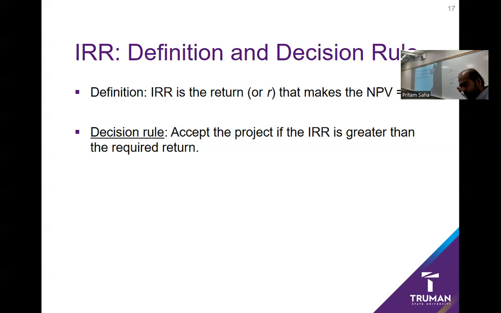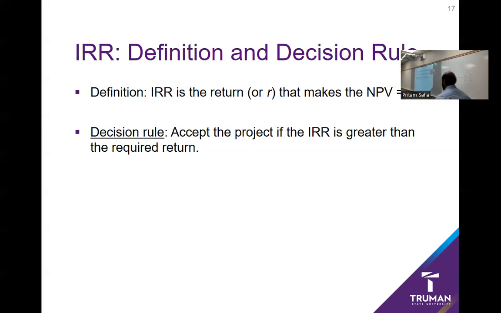So if we input those cash flows in the calculator and calculate the IRR, and if we redo NPV at the IRR rate of return, your NPV should be 0. Make sense so far? What is an IRR?